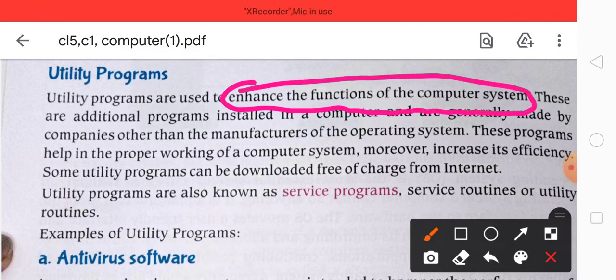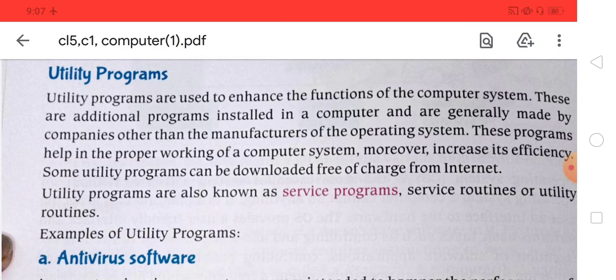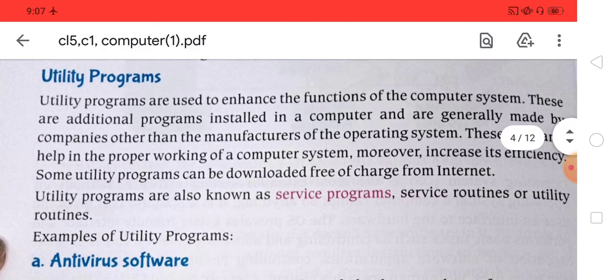These are additional programs installed in a computer and are generally made by companies other than the manufacturers of the operating system. These programs help in the proper working of a computer system. It helps to increase its efficiency, and utility programs can be downloaded free of charge from the internet.